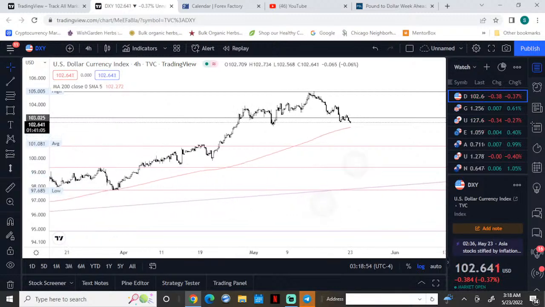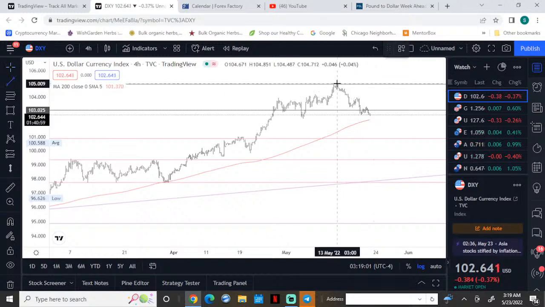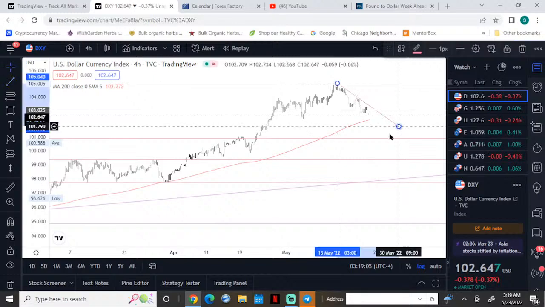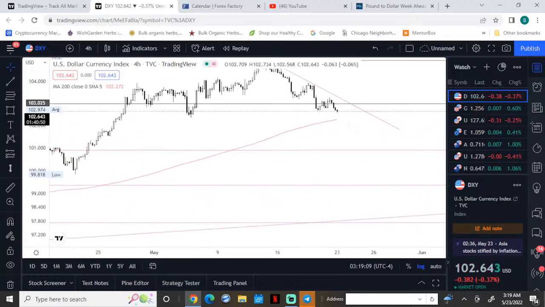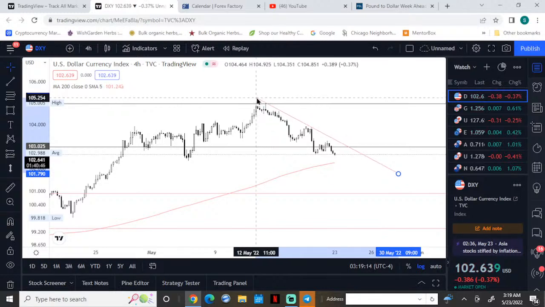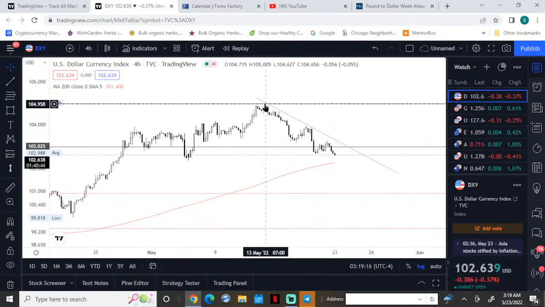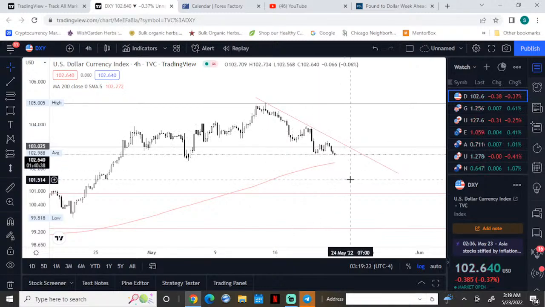And I see a trend line here on the 4-hour. We got at least 2 touches. Touch, drop, touch, drop. That quite didn't make the touch.